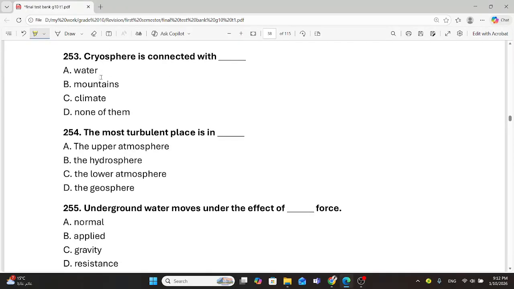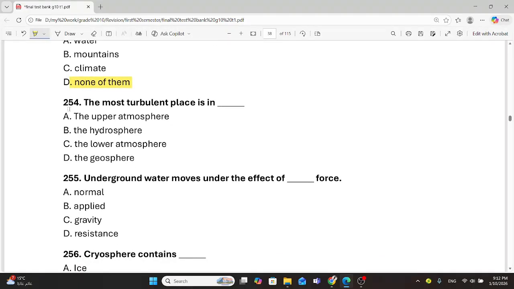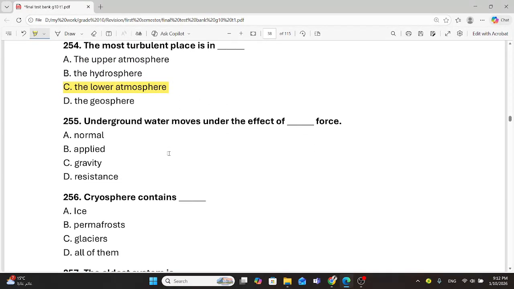Which sphere is connected with water, mountain, climate, or none of them? None of them. The most turbulent place is in the upper atmosphere, the hydrosphere, the lower atmosphere, or the geosphere? Of course, the lower atmosphere.